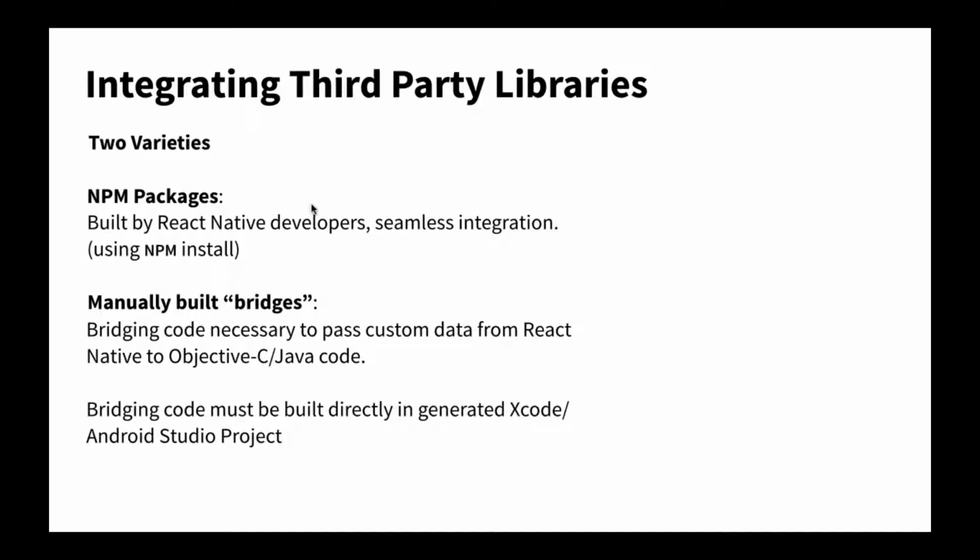One is NPM packages, and these are built by developers, and they're put up as NPM packages that you can use freely. The others are manually built bridges, and these are more of the custom code things that, say, a particular firm or a particular company would need to build out manually to service whatever their need is at that point.